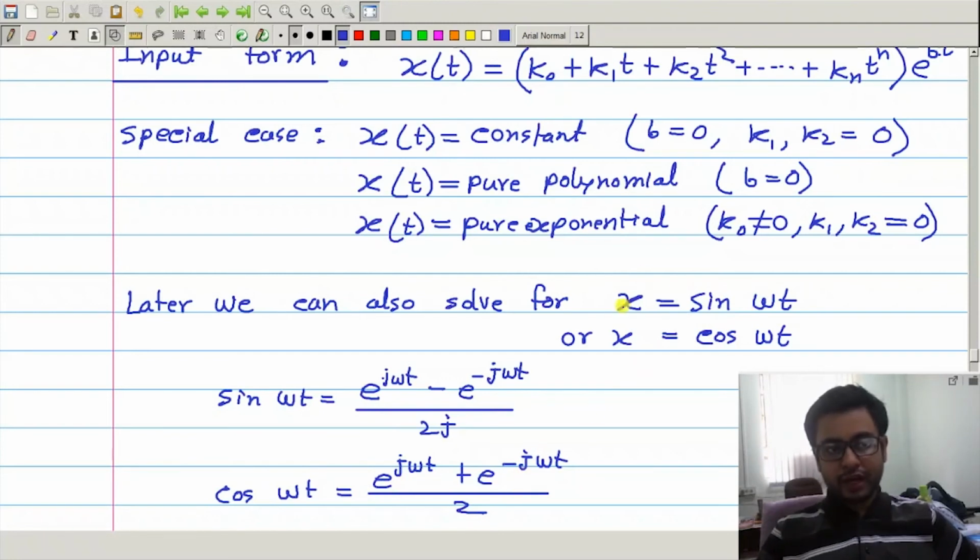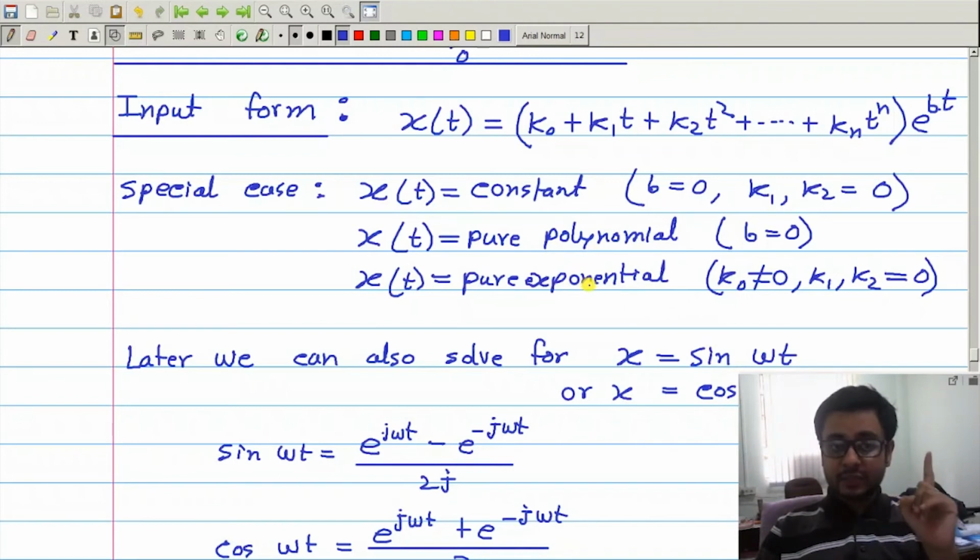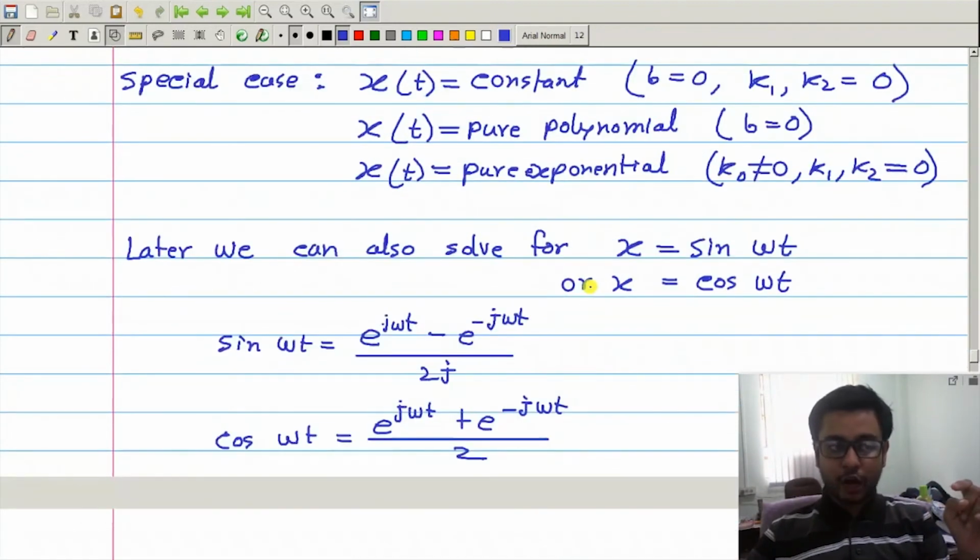So if we have a sinusoidal or cosinusoidal input, then we can break it into two pure exponential inputs. And since the systems that we are considering are linear, to get the output for sine omega t or cosine omega t, we need to calculate the output separately for this exponential and this exponential, and then add them.